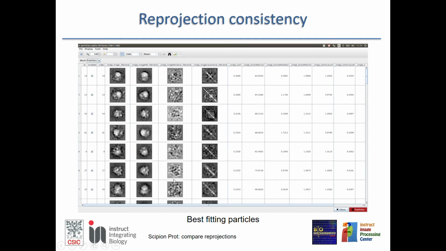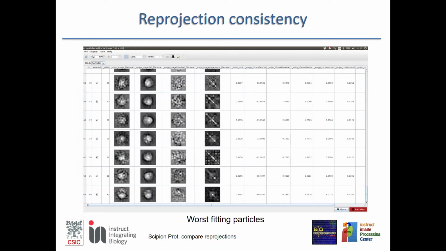We shouldn't see any particular pattern in the difference, or at least the two images should look alike. And here there are some coefficients that tell you how similar those images are, and they should be as high as possible. If you're interested in this protocol, it is compare reprojections in Scipion.